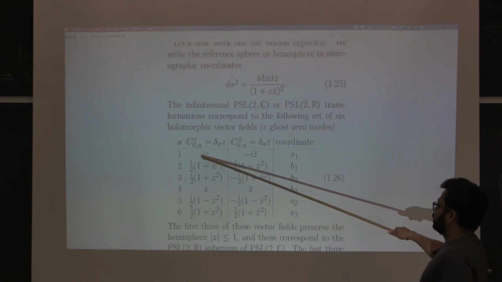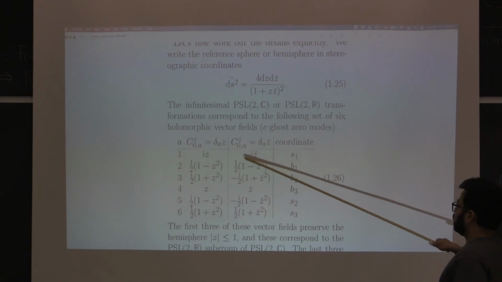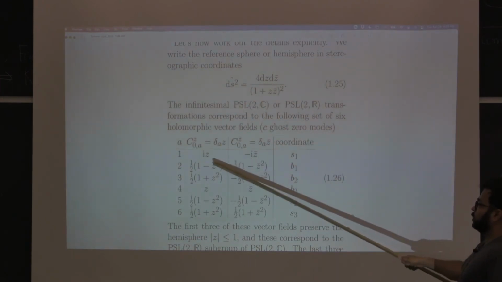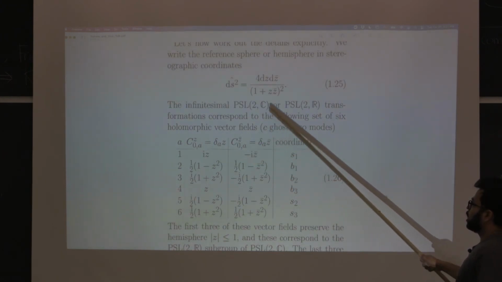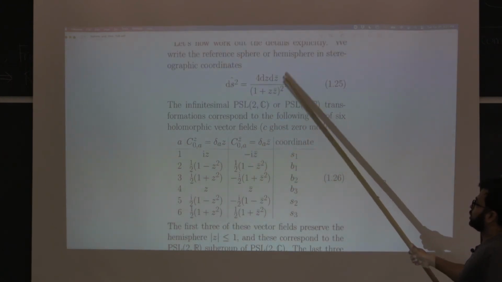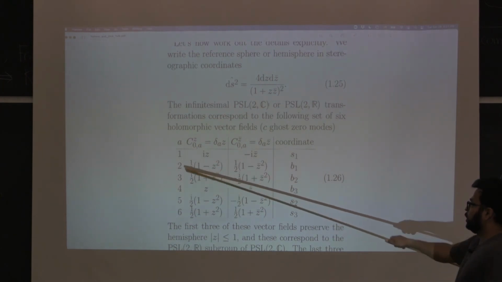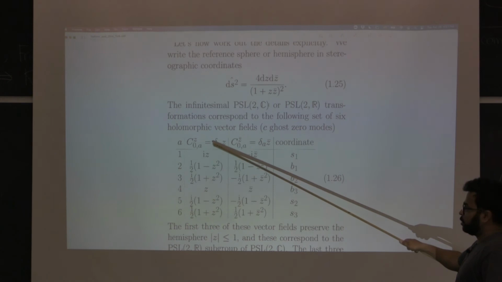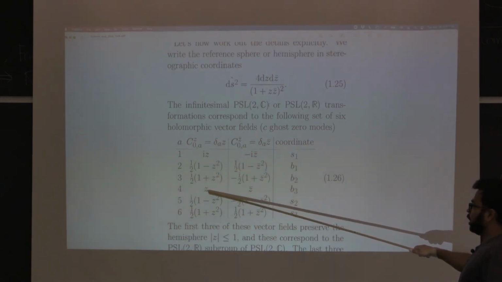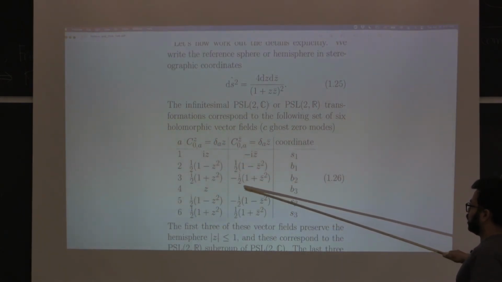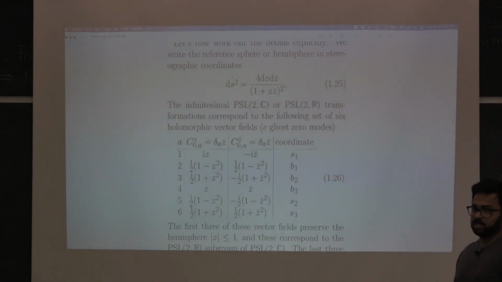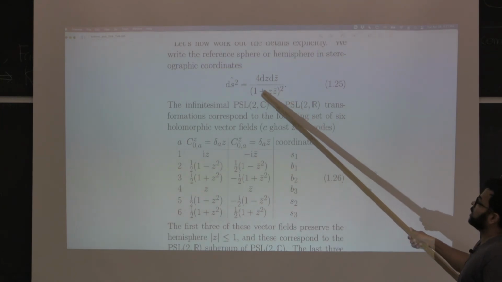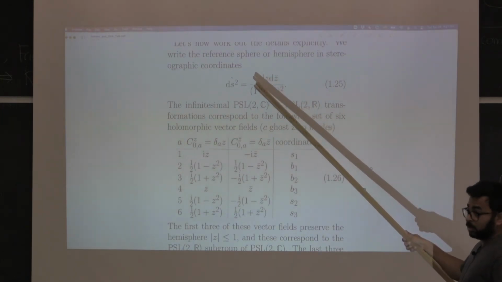Let's look at the first one, iz and negative i z bar. What is this doing? It is just rotating the phase of z, because of the i and the minus i. And because it's just z and z bar, the metric doesn't change. So this first vector field is a part of the SU2. It's not breaking the symmetry. Let's look at number 4. It's z and z bar. This is a real rescaling of z. z goes to 2z, or z bar goes to 2z bar. Then clearly the metric changes, so it's broken.